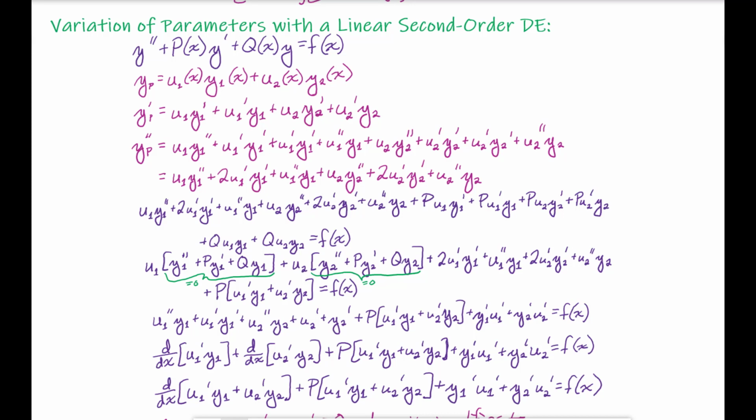So this is really the derivative of the sum u1 prime y1 plus u2 prime y2, plus p times that same sum, plus y1 prime u1 prime plus y2 prime u2 prime equals f of x.